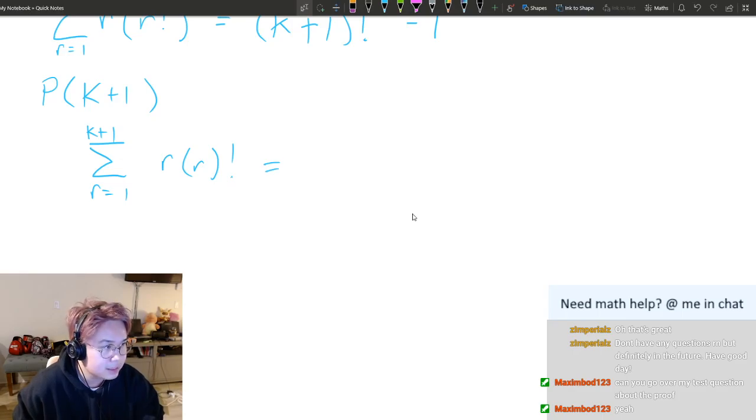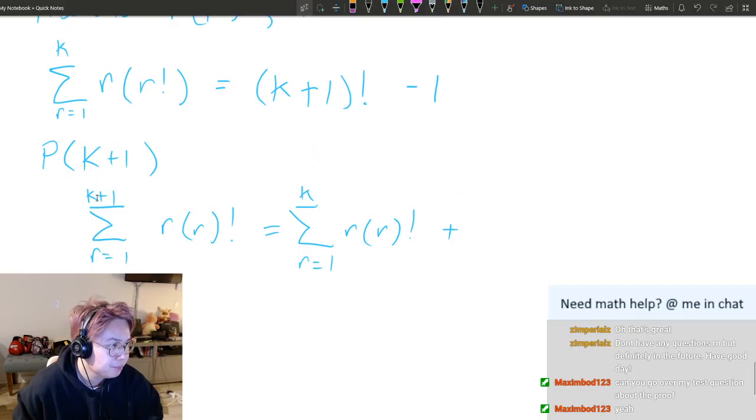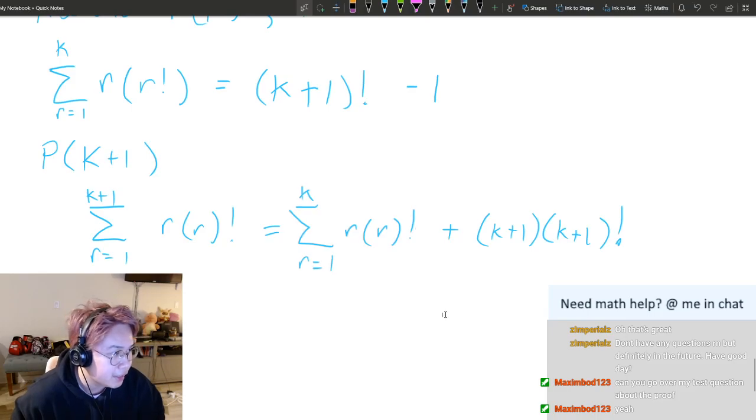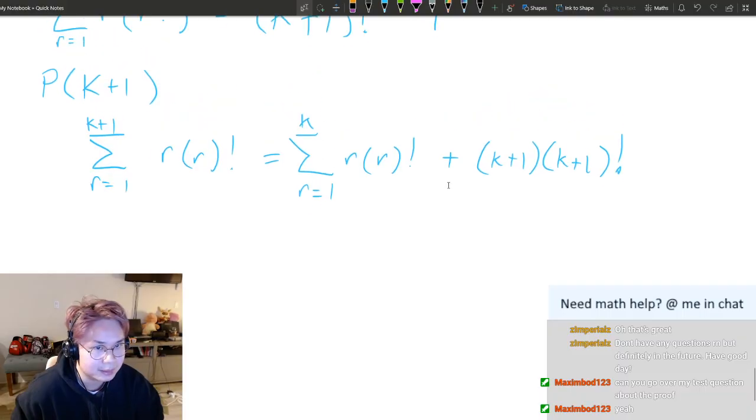The sum from 1 to k plus 1 is the same as the sum from r equals 1 to k plus the extra term, which was when r is k plus 1. Like that. And then on this part, we can use our inductive thing, this. So we could just make a little substitution.